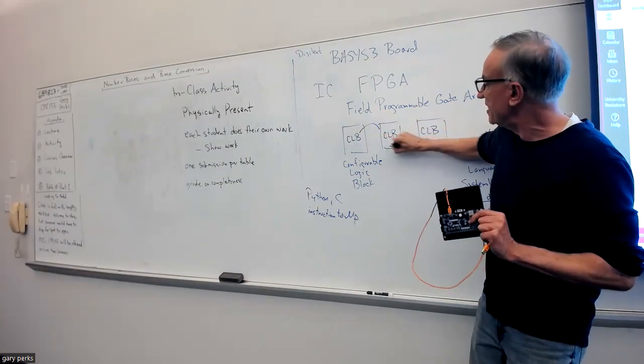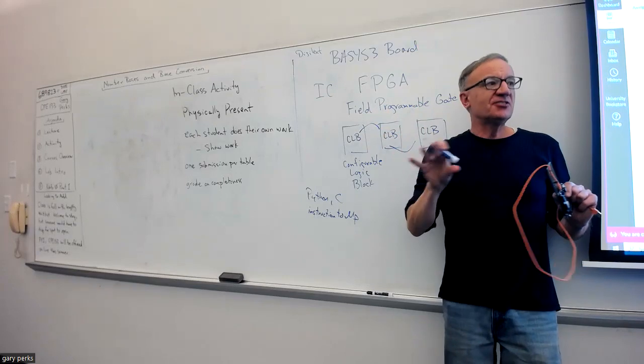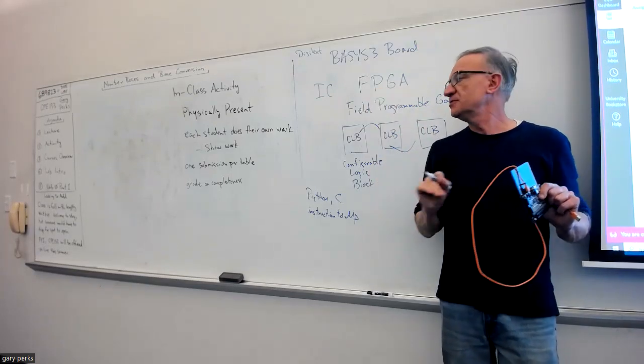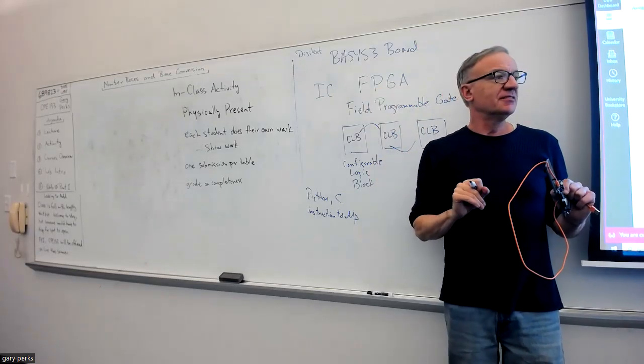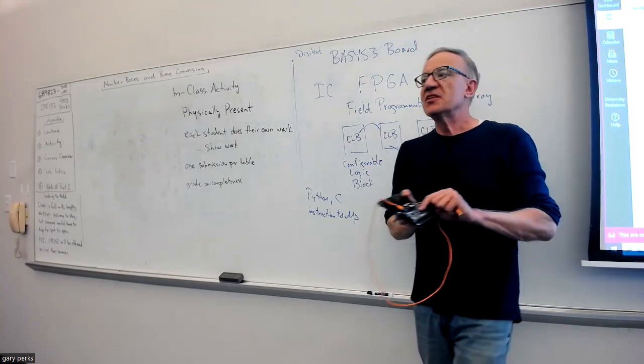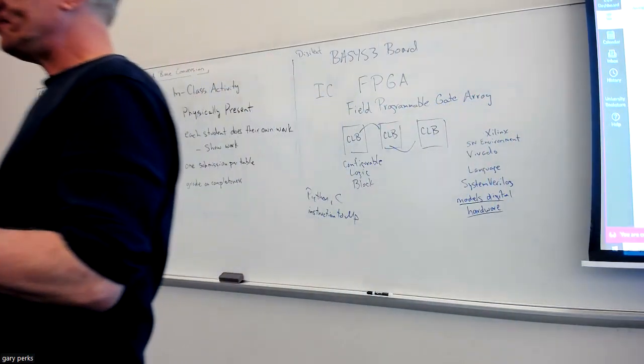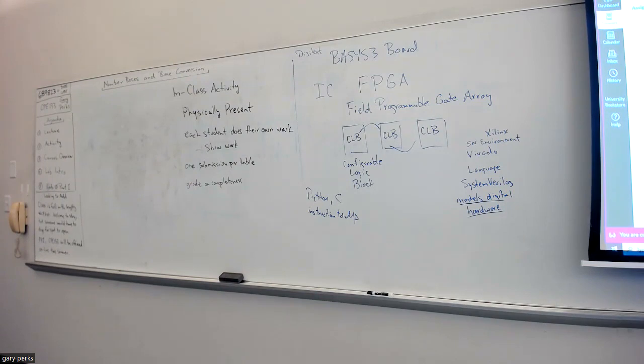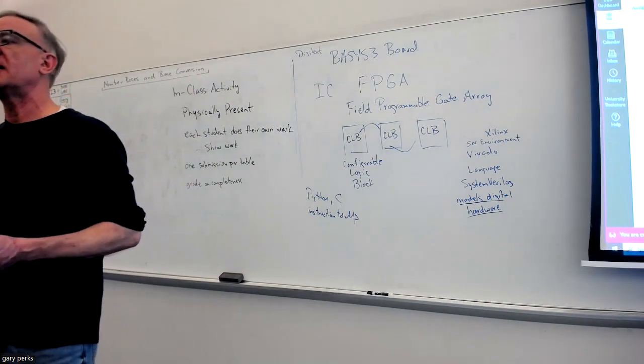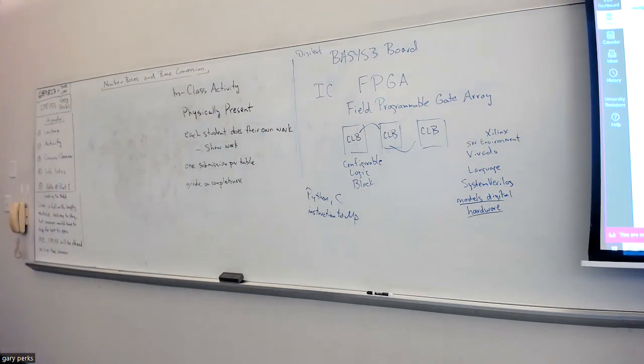It also makes the connections between the digital logic circuitry to do whatever you designed it to do. One way to think about it: when I took a digital lab class like this many years ago as an undergrad, we would get a breadboard, right?